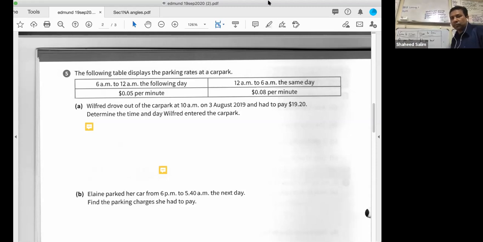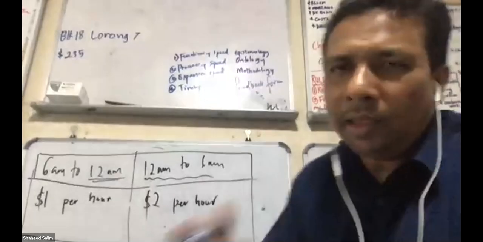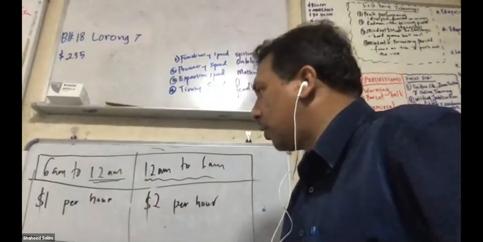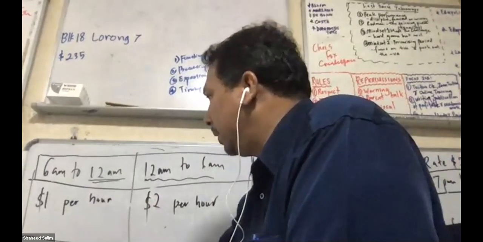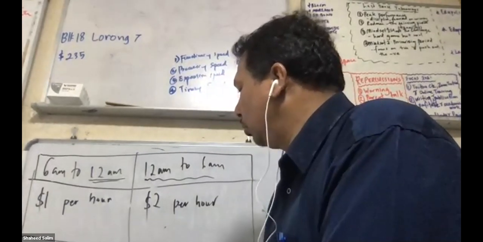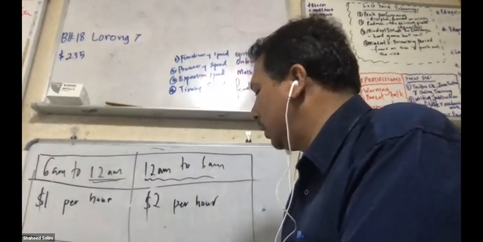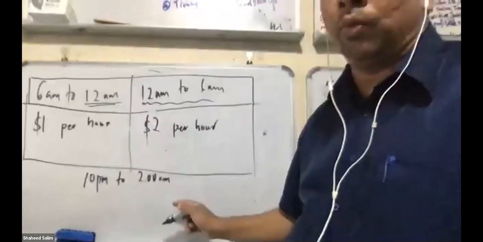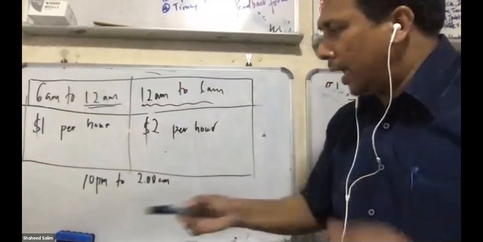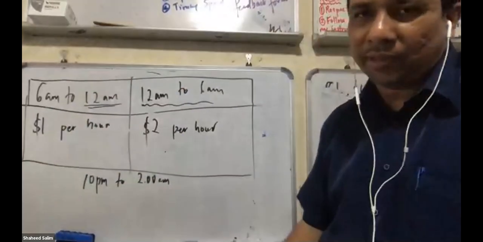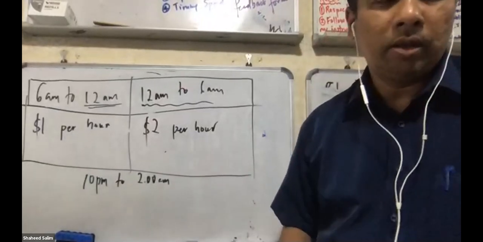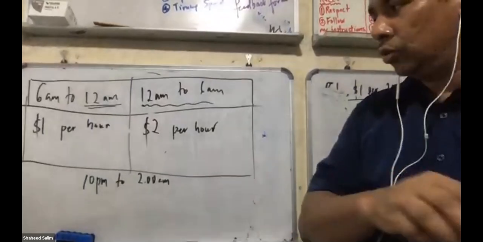Now, I have a car and I park my car from, let's say, 10 p.m. to 2 a.m. Can you calculate how much money I will be paying in total? I park my car starting from 10 p.m. at night, right until 2 a.m. in the morning. How many dollars do I need to pay?